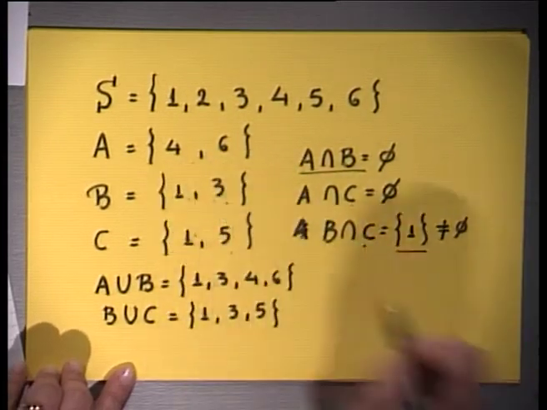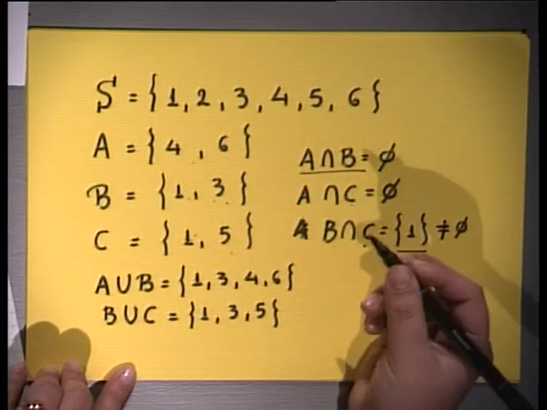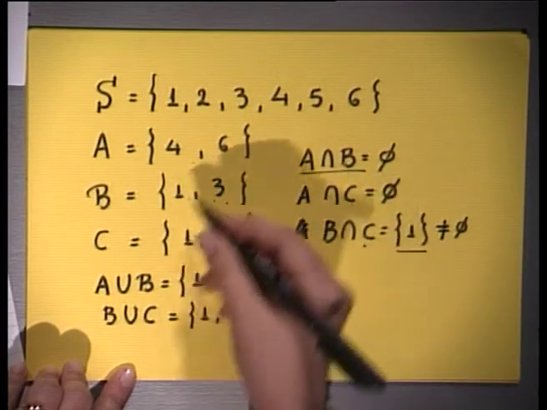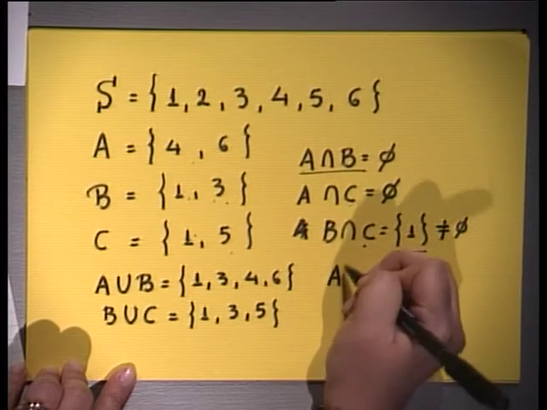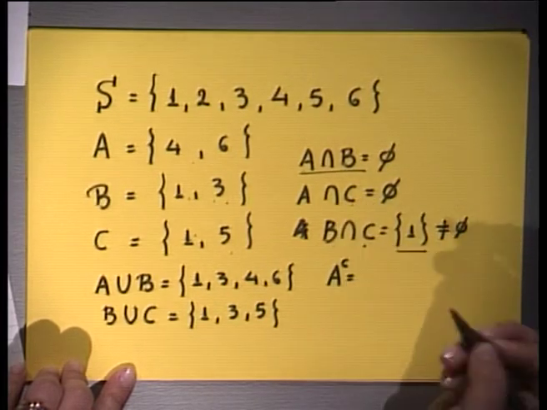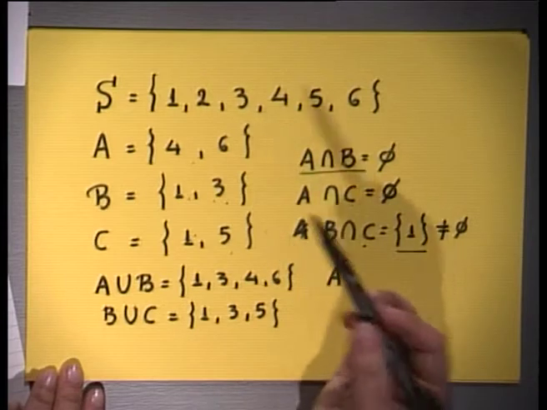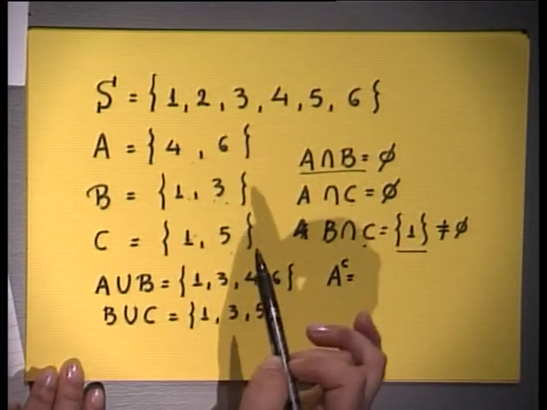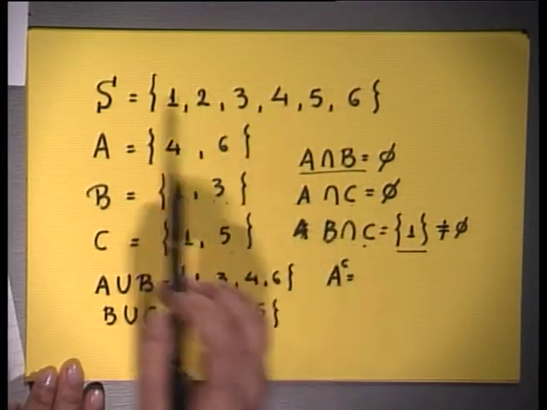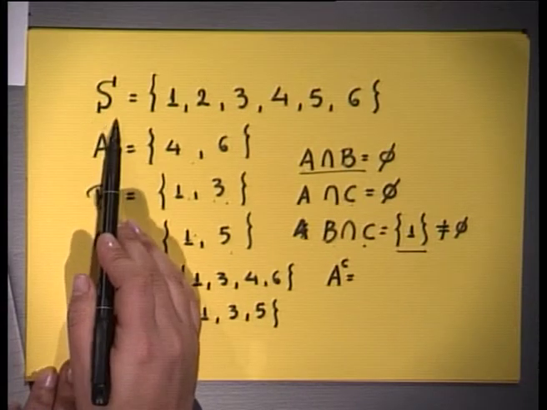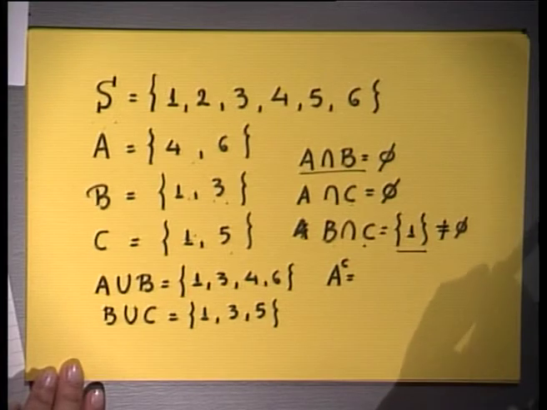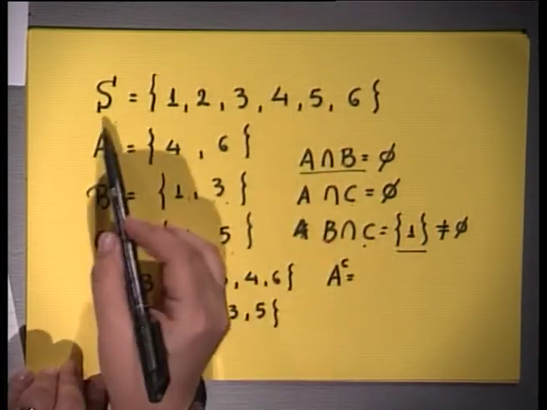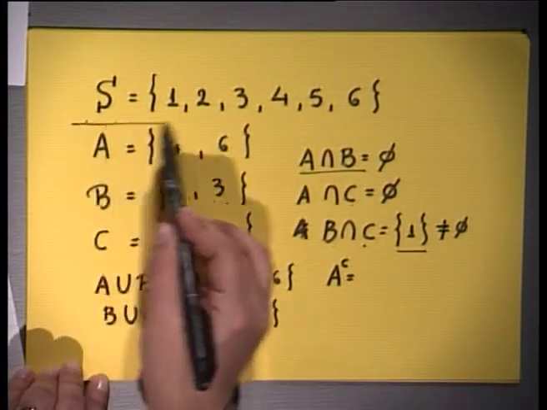Let's see the complement of one of these events. Let's take event A. The complement of A, we said, would be the set that contains all elements that belong in sample space S and do not belong in the event A. We have to look at our sample space.